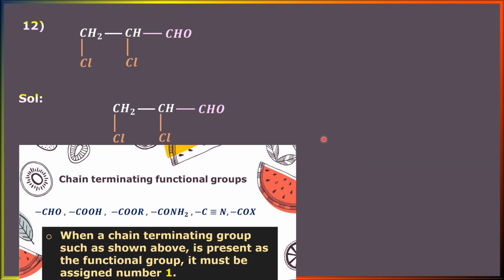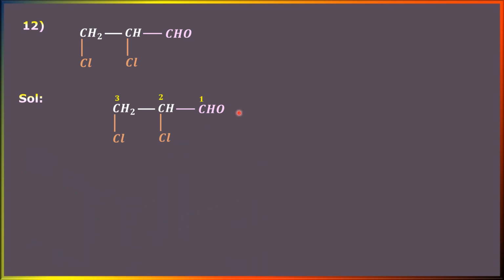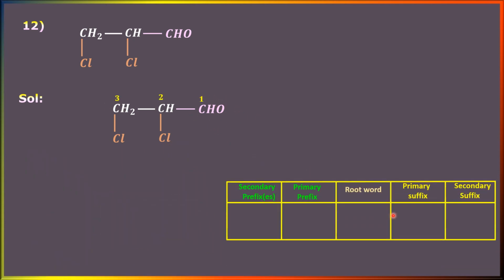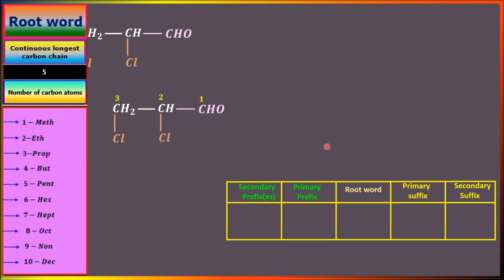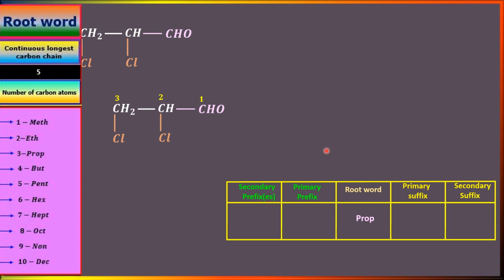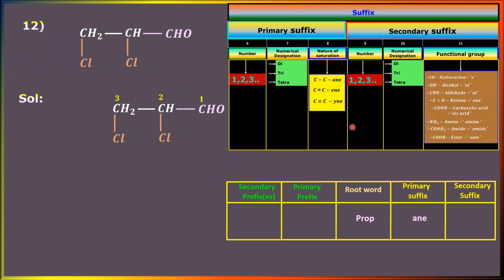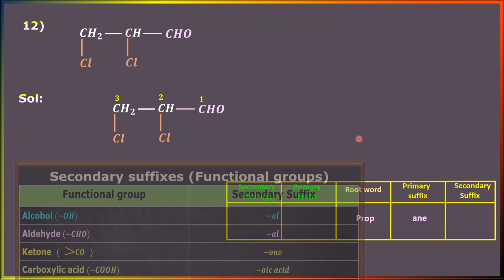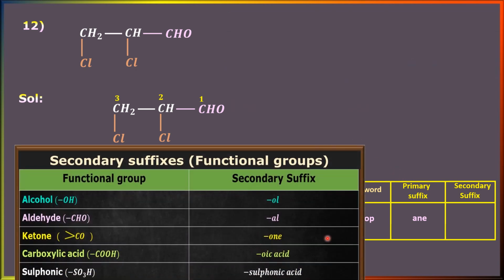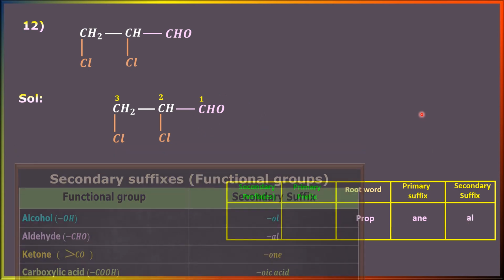So 1, 2, 3 like this. The root word: 3 carbon atoms are there in the chain, so it is prop, and the primary suffix is an, the secondary suffix is, see here, CHO, which means al.